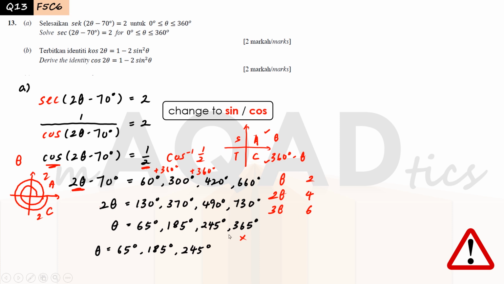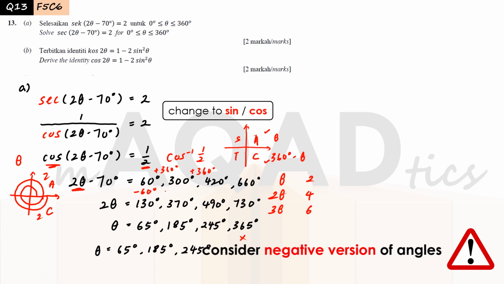So if here we rejected 1 of the answers, this means we need to consider the negative version of these angles. So what does the negative version mean? So for example 60, it will be negative 60. For 300, it will be negative 300. Okay?